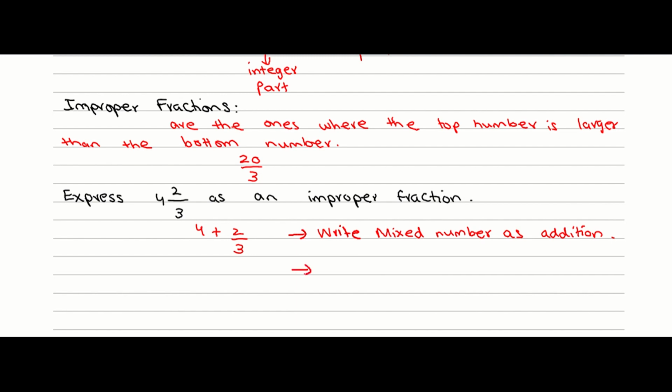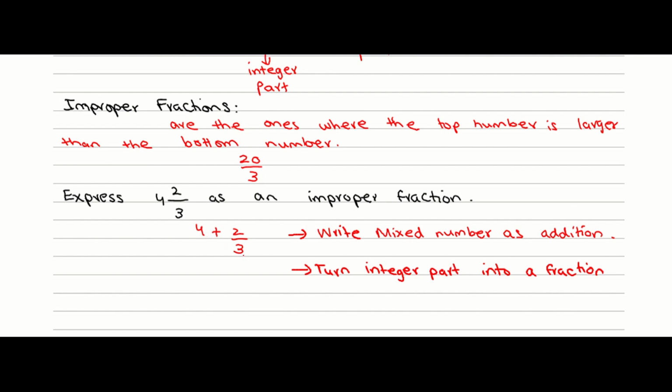The next step is we need to turn the integer part into a fraction. To convert the integer part into a fraction, we need to multiply the numerator and the denominator by some number. We have 3 in the denominator and we can only add them together if we have the same denominator.